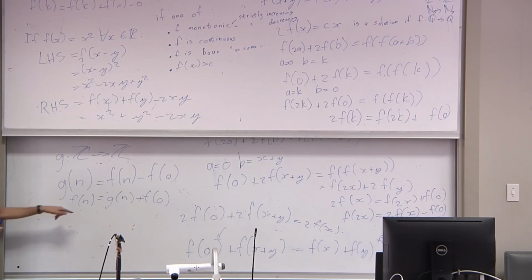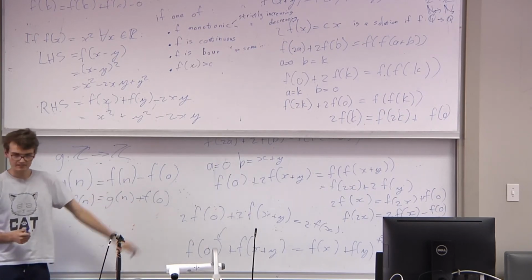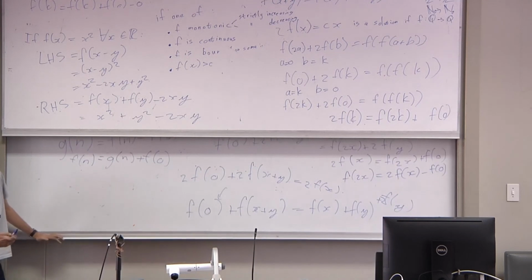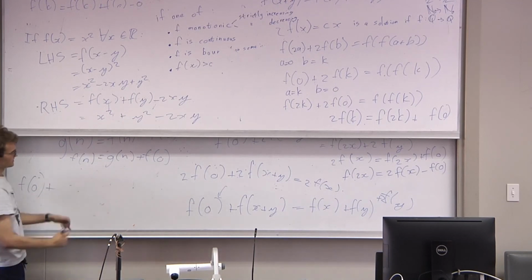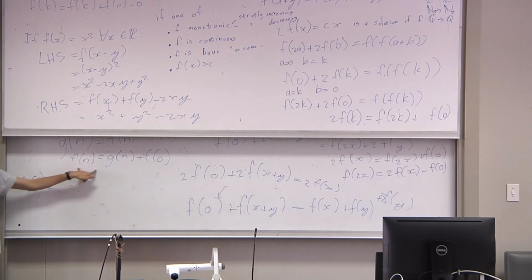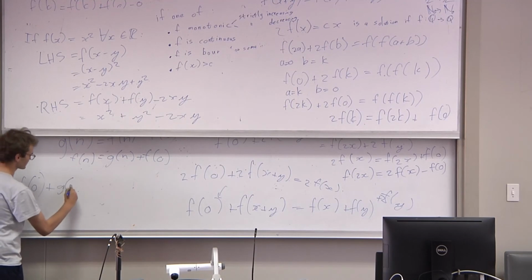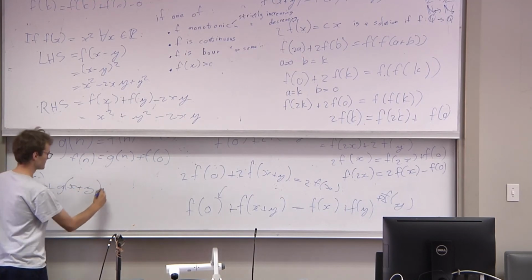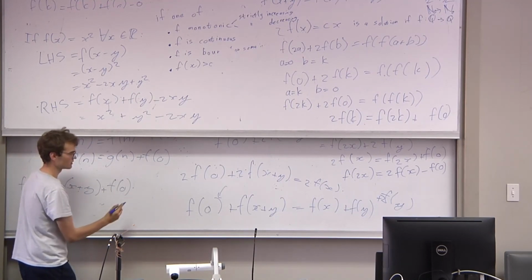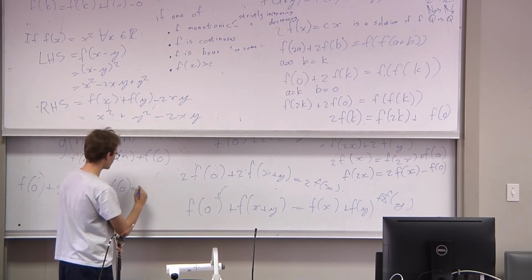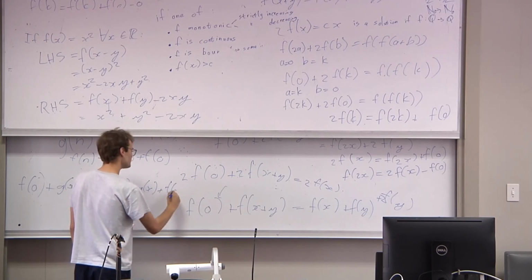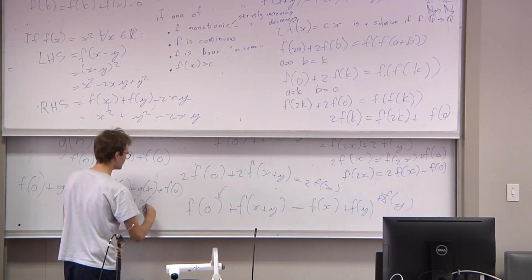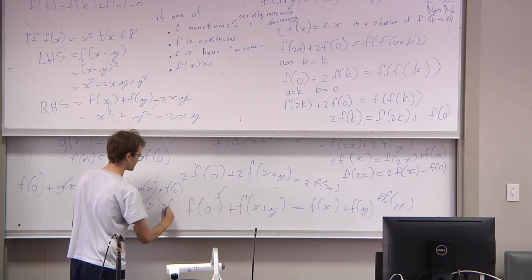So we can take this definition and plug it into that expression we found, and we get, if you leave f of 0 as it is, plus f of x plus y, which by this definition is g of x plus y plus f of 0. And on that side we get g of x plus f of 0 plus g of y plus f of 0.